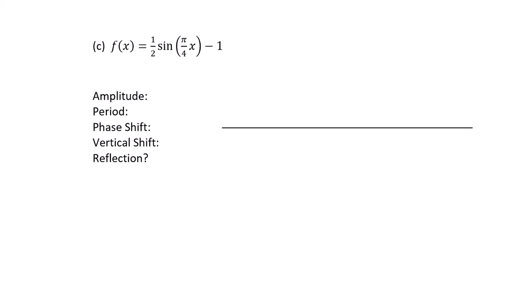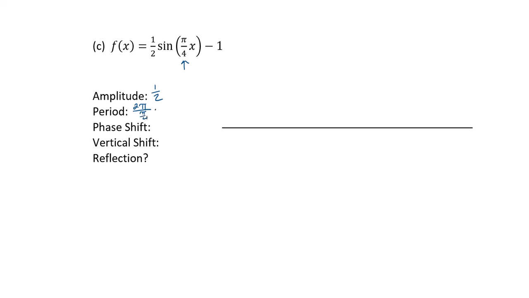In this example, f of x equals 1/2 sine of pi over 4x minus 1. My amplitude is going to be the absolute value of a, so a positive 1/2. The period is 2 pi over the absolute value of b, so that's 2 pi over pi over 4.